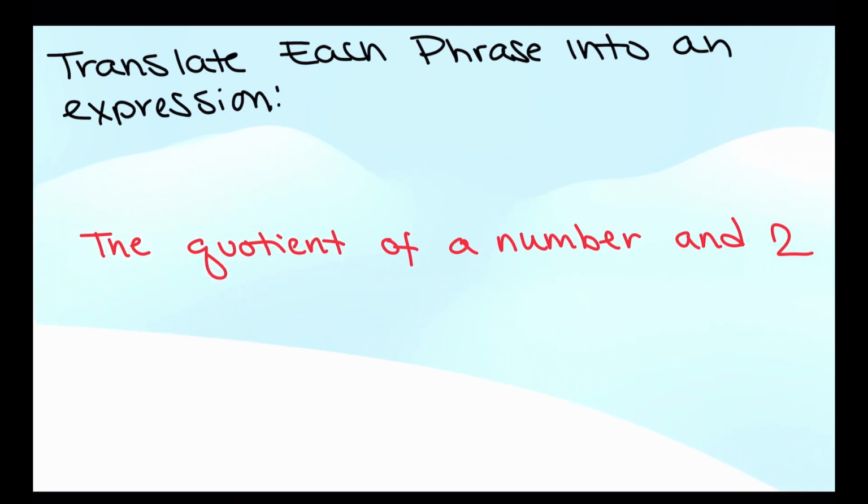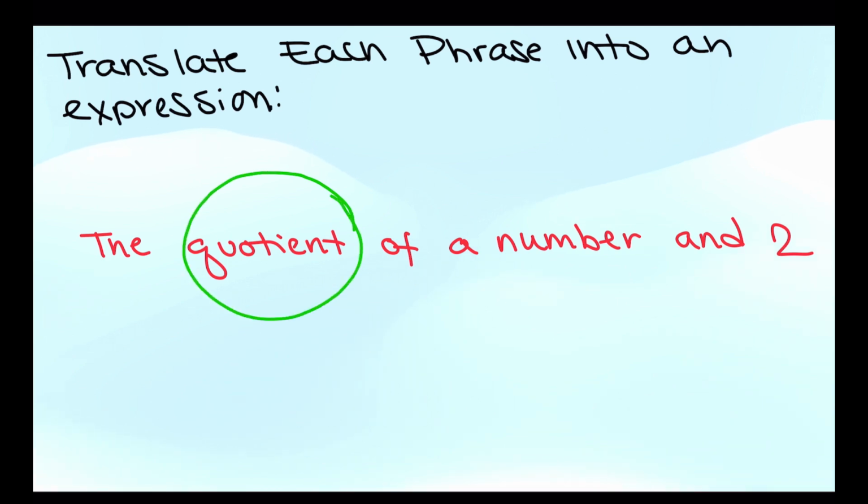Next example says the quotient of a number and 2. And quotient means division. Just like subtraction, with division, the order that you write the terms in does matter. When you see the word quotient, just like the word difference, you can write the quantities in the same order they appear in the phrase.